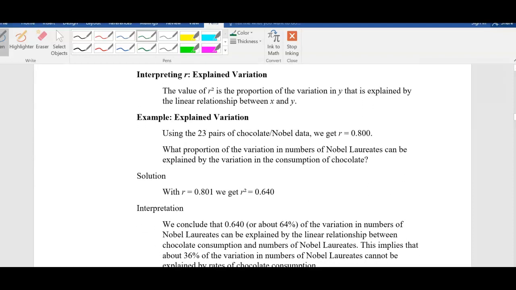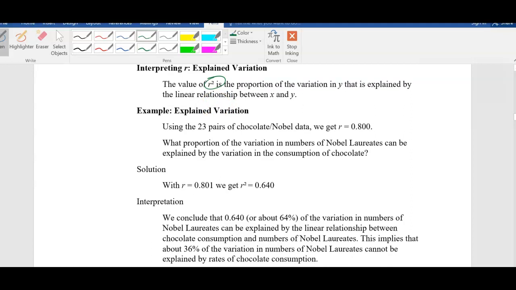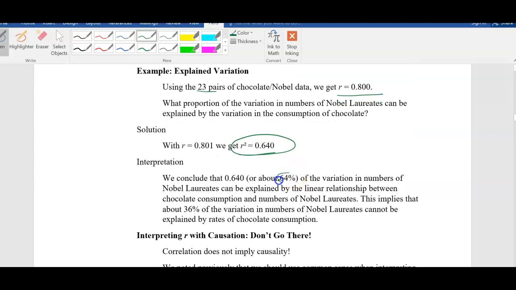All right, variation. R squared is the proportion of the variation of y that is explained by the linear relationship between x and y. So let's look at this. We have our data values. We have our R. When we square it, we get 0.64. Okay, what that means is 64%.